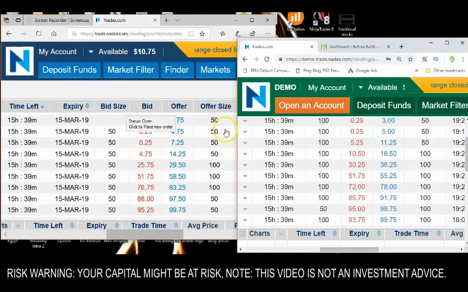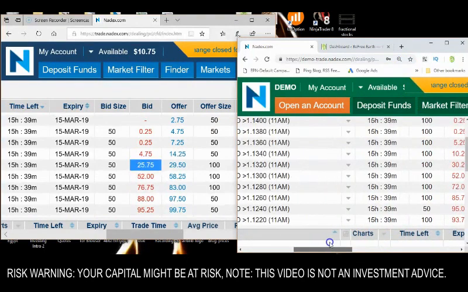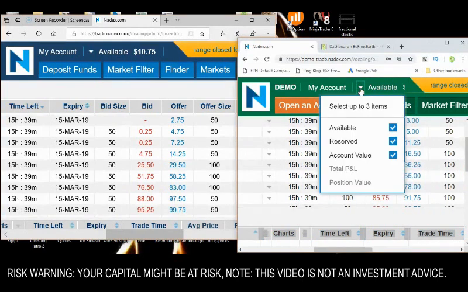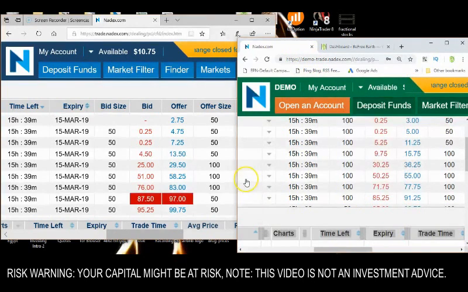And now another huge difference is the amount of money you start off with on a demo account. On a demo account, you start off with $25,000. Most people who are going to start off with Nadex do not start off with that much money.